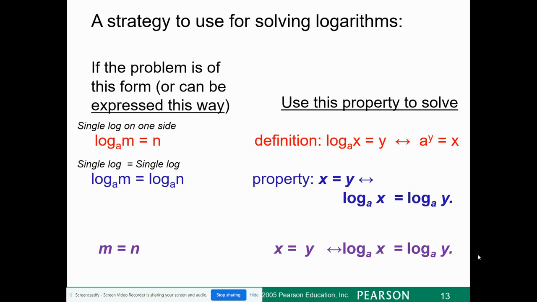Now, the vice versa of that property, if I have a single term equal to a single term, no logarithms at all, then I can again use that property to take the log of both sides. So I have no logarithms, but I can take the log of both sides, which oftentimes allows us to solve a problem.